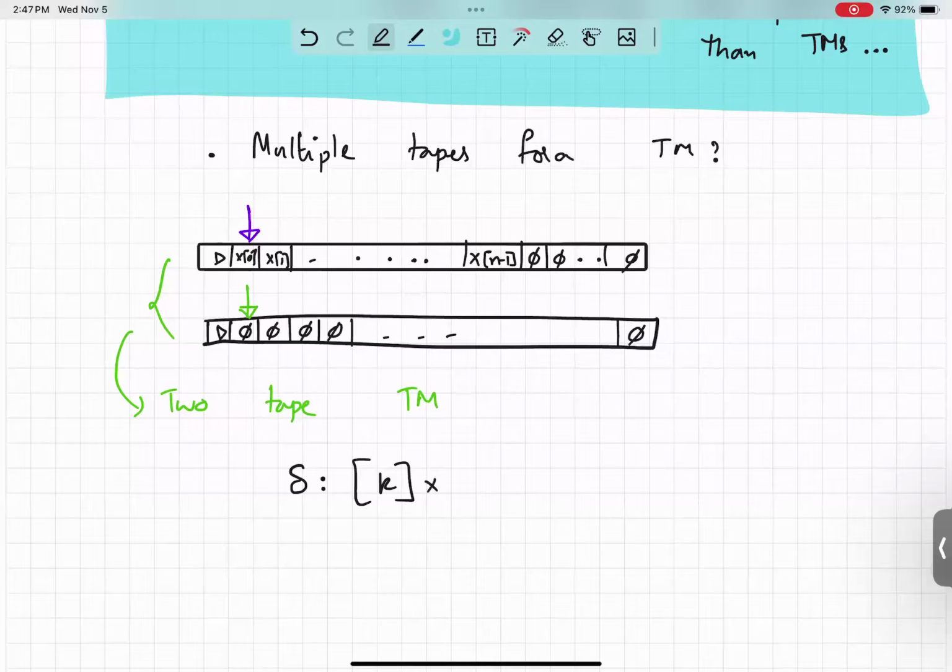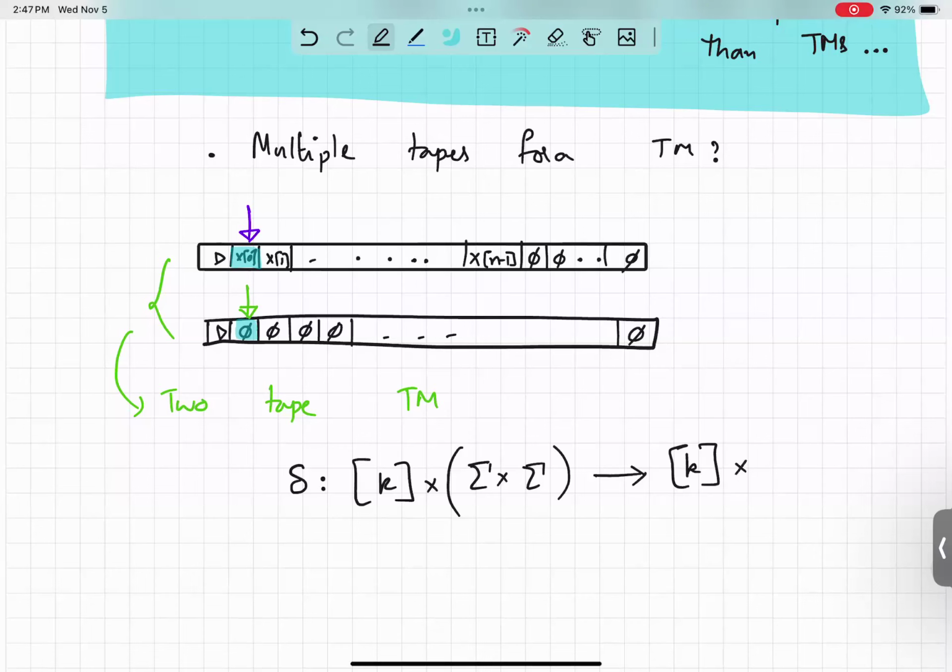Okay. And it takes 2 symbols as input now. Right? My state can see this bit and wherever the other head is showing. What should the output be? Like a DFA, you would jump to a new state. Okay.